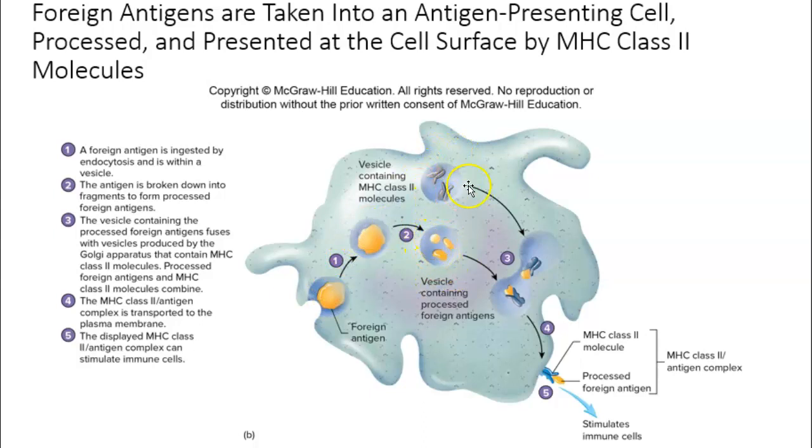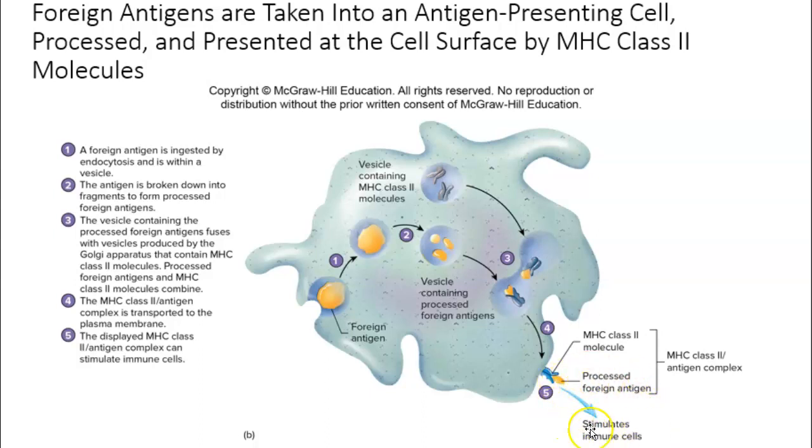This cell creates MHC class 2 molecules, combines the vesicles, and the foreign antigen will be attached to the MHC class 2 molecule. Again, that purple thing has a groove in it, so it can hold foreign antigens. We then transport the MHC class 2 molecule to the surface of the cell, and we have the foreign antigen sticking out of this.